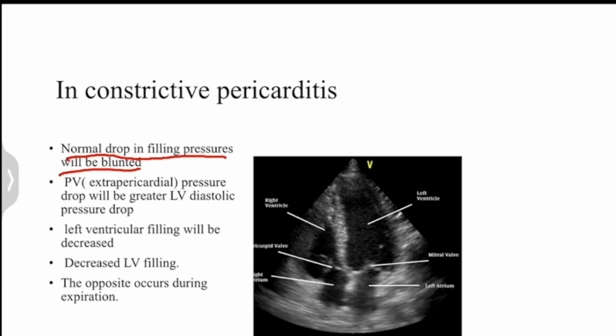But remember that the pulmonary veins are extrapericardial. So whatever I have mentioned earlier, that is the sequestration of blood into the pulmonary vasculature, is the major contributor in constrictive pericarditis. Hope this point is clear. And two important conditions are cardiac tamponade and constrictive pericarditis.